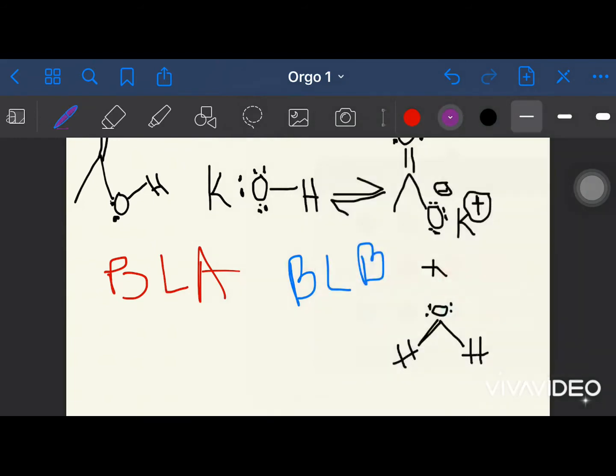And we will use the purple to show the transfer of the electrons with the curved arrow mechanism. Now you have to remember that the curved arrow mechanism goes from the electron to the proton. It cannot be reversed because it shows the movement of electrons.